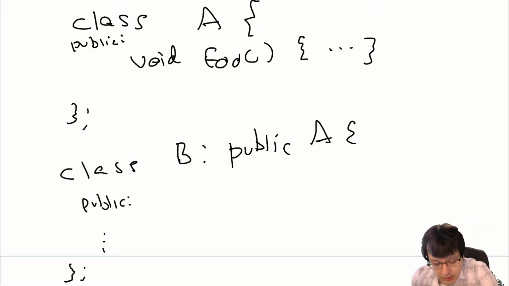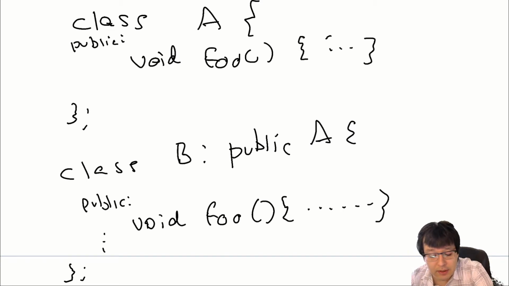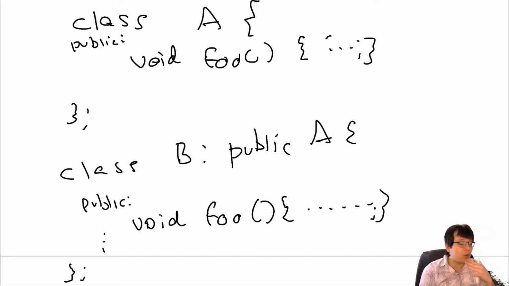So what you do is you go ahead and rewrite the function here. You say void foo, and then you write basically the same stuff as here probably, or it could be completely different. It doesn't really matter, but you write stuff in there, okay? The act of you writing the function foo again is overriding the original function foo.